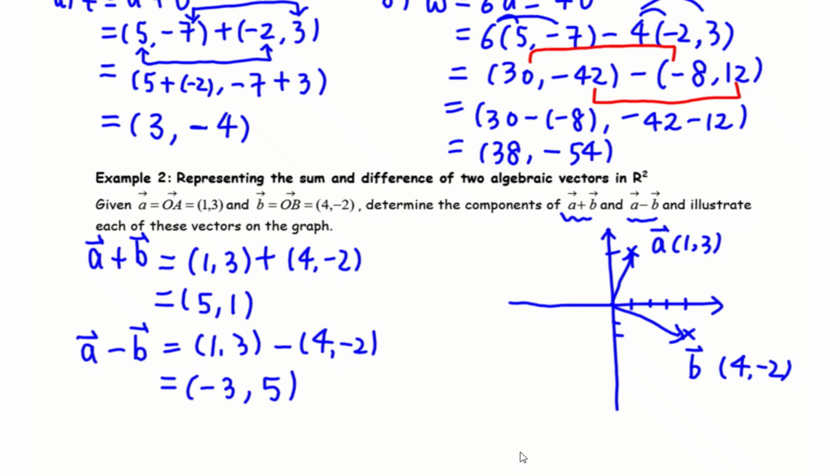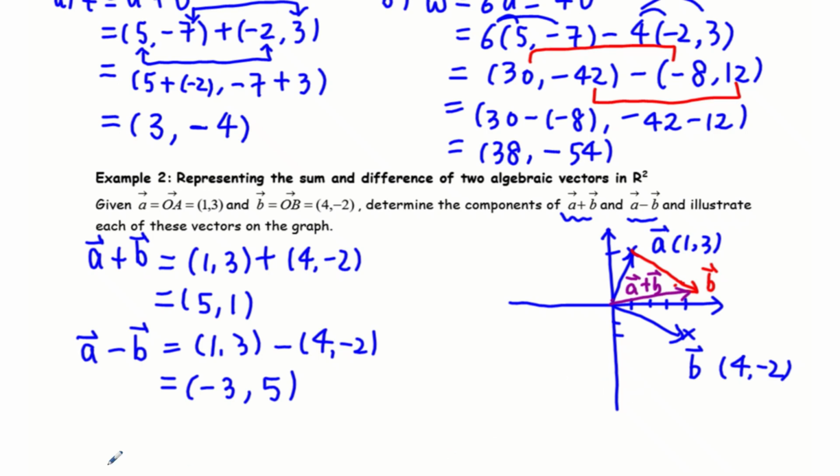So we want to add them together. It's just put the tail to the head, copy it here. So 4, -2. So this is our B. Then the final one will be from the tail to the last head. This is our sum, A plus B.